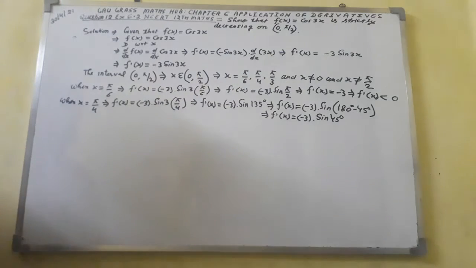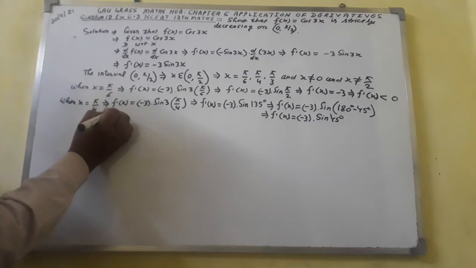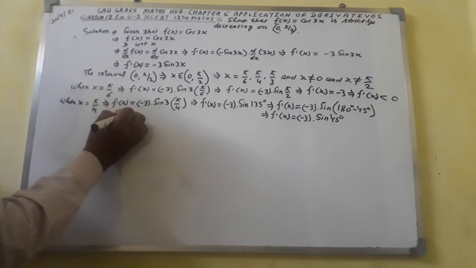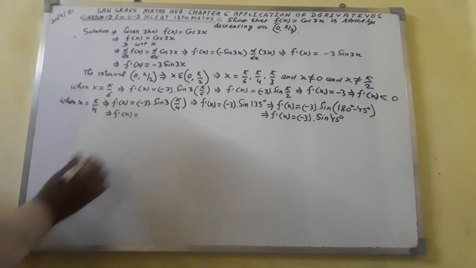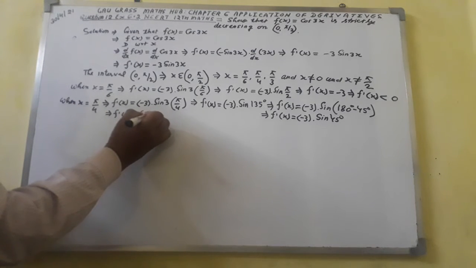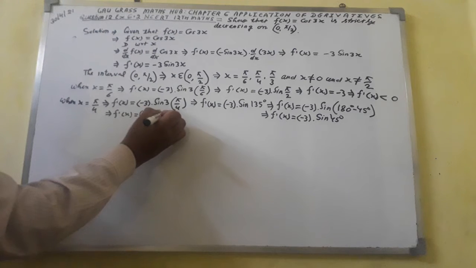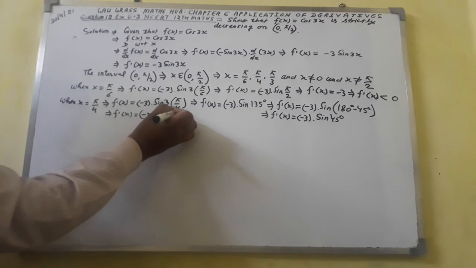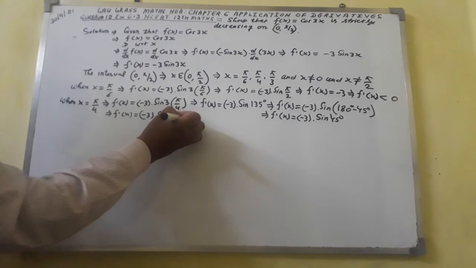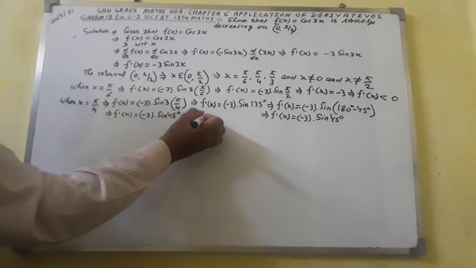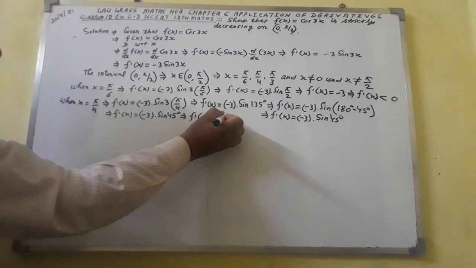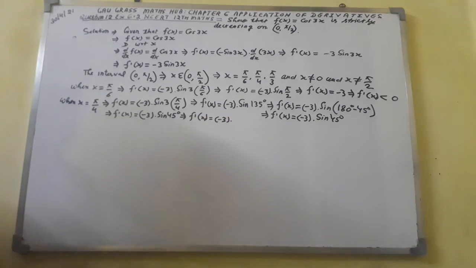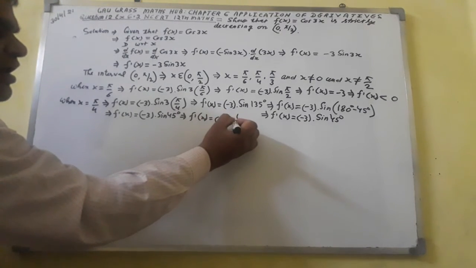Again, I shall write f dash of x is equal to minus 3 sine 45 degree, which is equal to minus 3 times 1 over root 2.